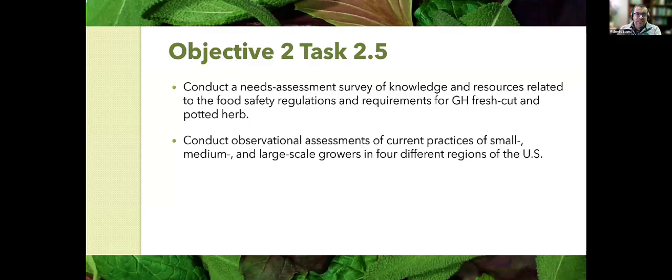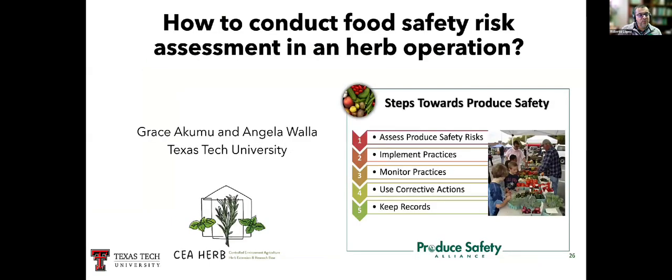They're looking at developing a needs assessment survey and developing food safety guidelines for growers across the board, whether they're small, medium, or large, and also looking at geographic regions of the U.S. to develop those protocols. So this work is being done at Texas Tech University by Grace Akumo, as well as Angela Walla.